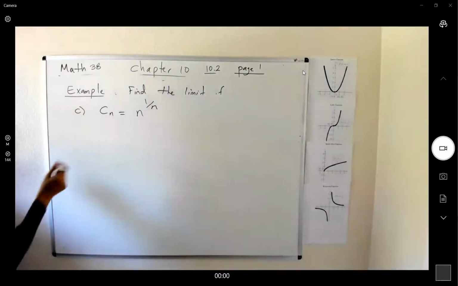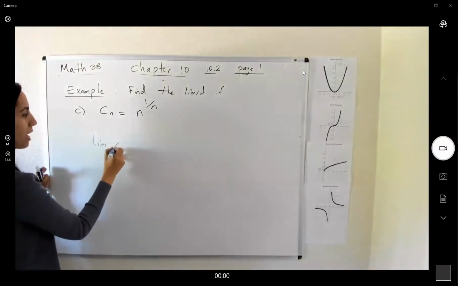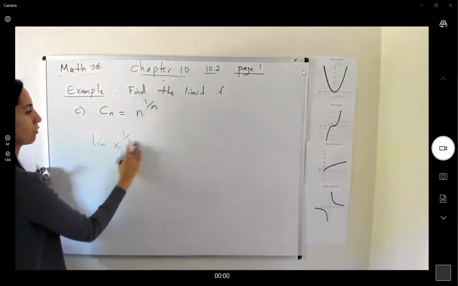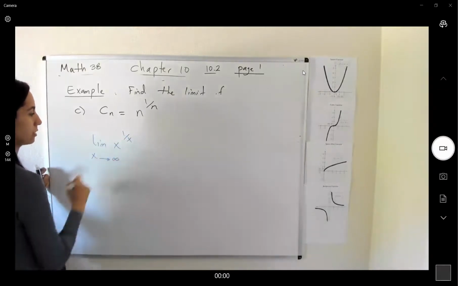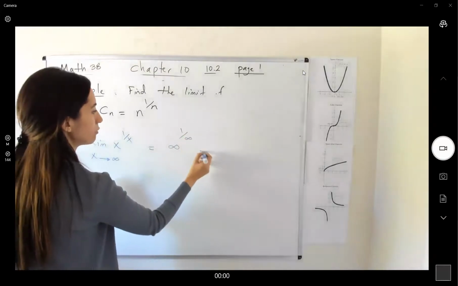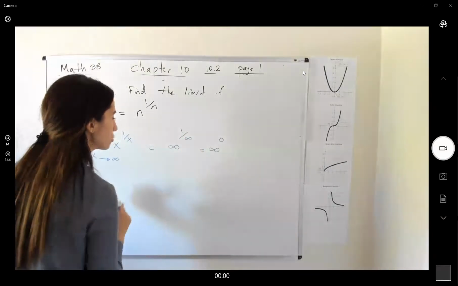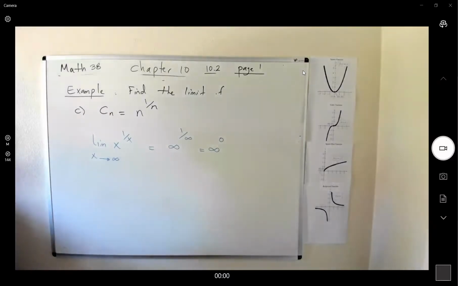There we go. We can look at our function: the limit of x raised to 1 over x as x goes to infinity. So this is infinity raised to 1 over infinity, infinity raised to 0. Okay. So let's see.